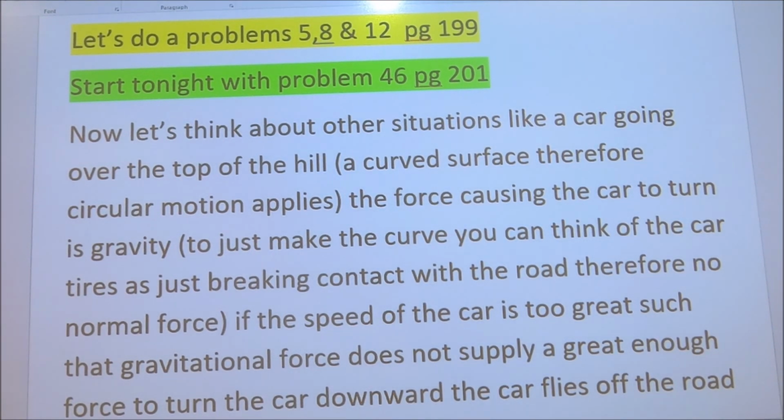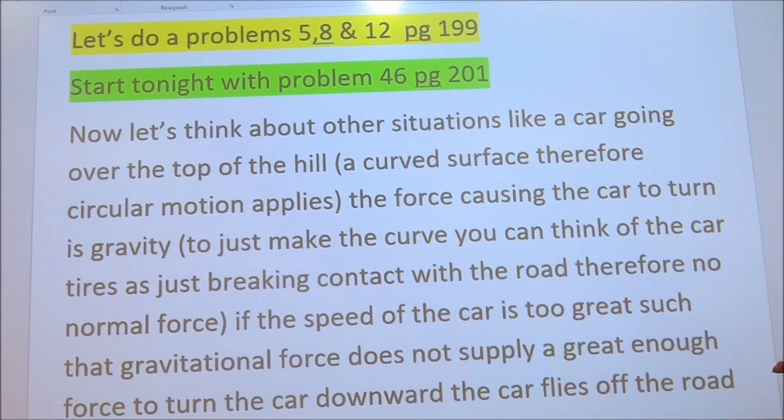Let's talk about the situation of a car going over the top of a hill. A curved surface. Since it's a curved surface, circular motion applies. The force causing the car to turn is gravity. Now, you can have a normal force from the ground pushing up on it, or you could be going so fast that just at the top of the hill, there is no normal force on you, and the only force acting on the car in the R direction is gravitational force.